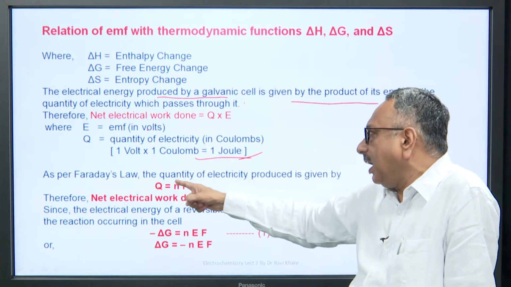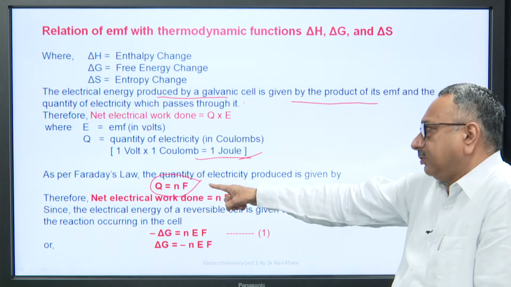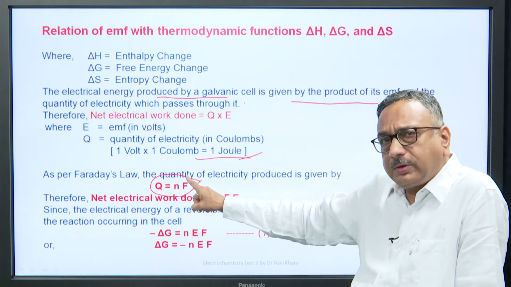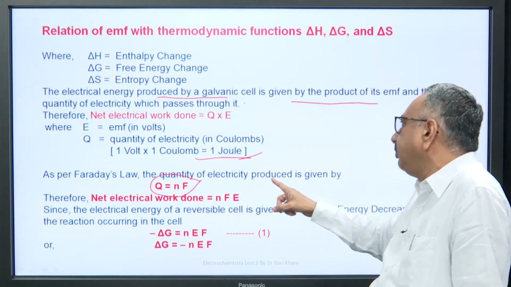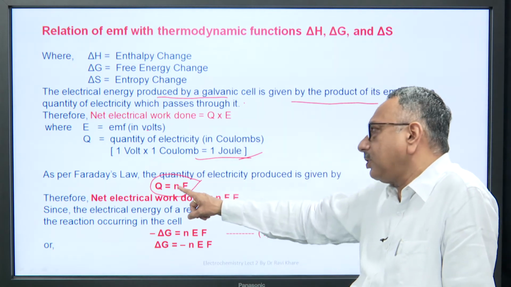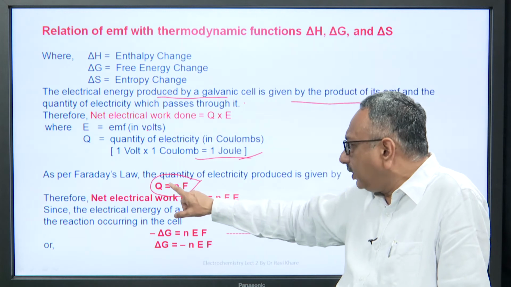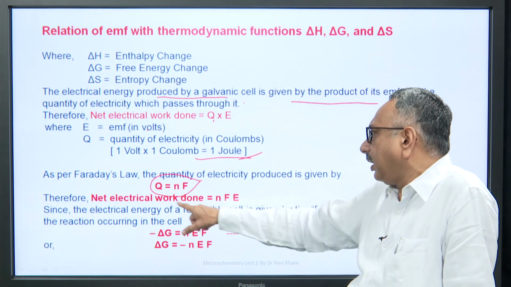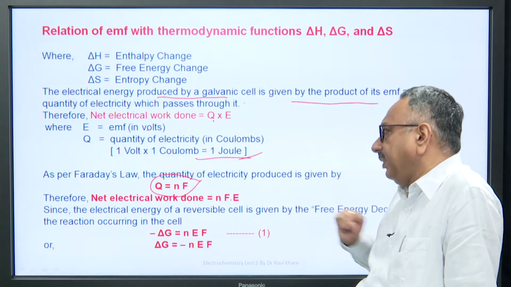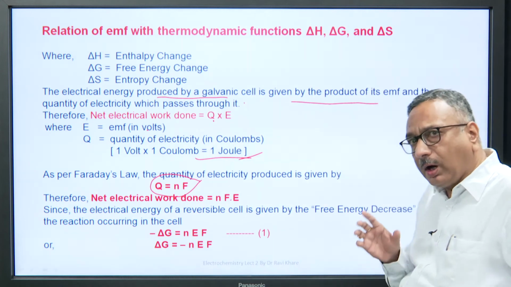As per Faraday's law, Q is equal to nF. The quantity of electricity produced is given by Q equal to nF. Therefore, putting the value of Q, you will get net electrical work done is equal to nFE.